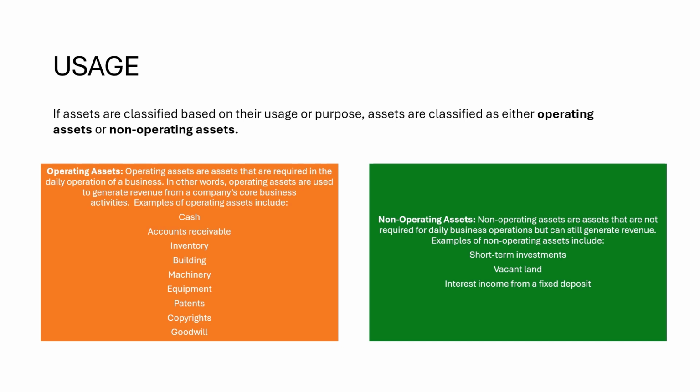Examples of operating assets include cash, accounts receivable, inventory, building, machinery, equipment, copyrights, and goodwill. Non-operating assets are assets that are not required for daily business operation but can still generate revenue. Examples are short-term investment, vacant land, interest income from fixed deposit.